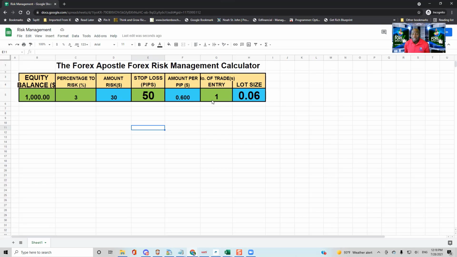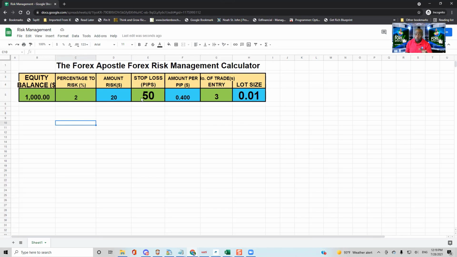So if you are going to be placing 3 trades, it therefore means that you will adjust this to 3. This will tell you that each trade that you place is going to be 0.02. So you are risking 3%. If I'm risking 2% of my account, I have $1,000 in the account, the amount I'm risking is $20.